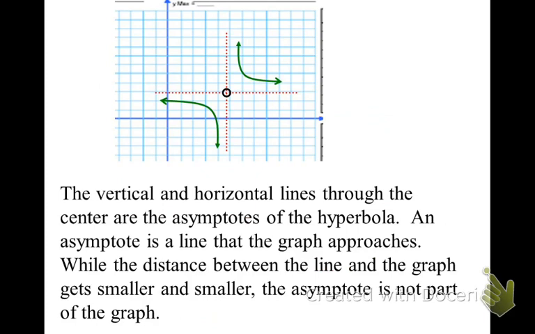So those vertical and horizontal lines are the asymptotes, and the graphs of the hyperbola are going to have lines that approach the asymptotes and never actually touch them. And it's one of those magical things that happens. You can see that we're coming from negative infinity.